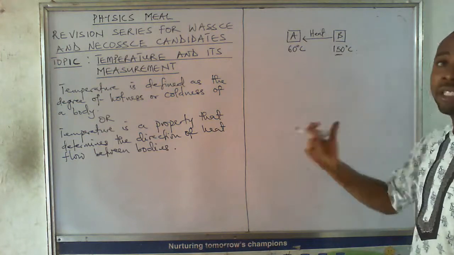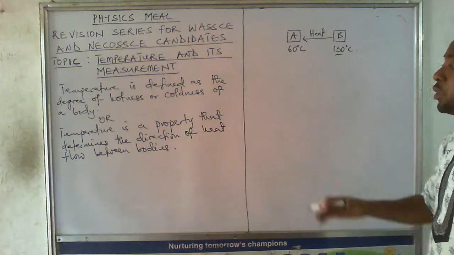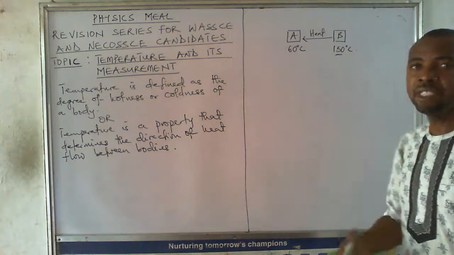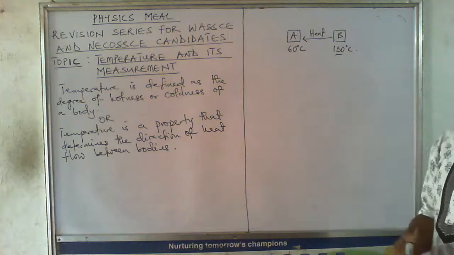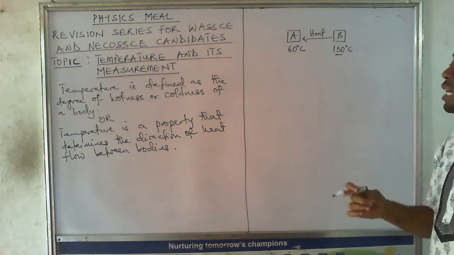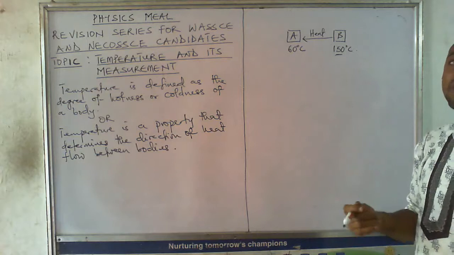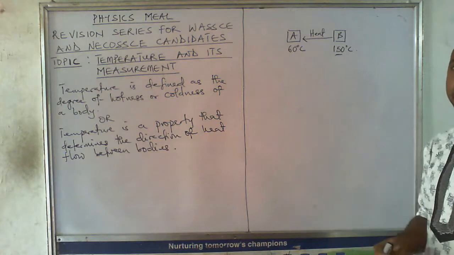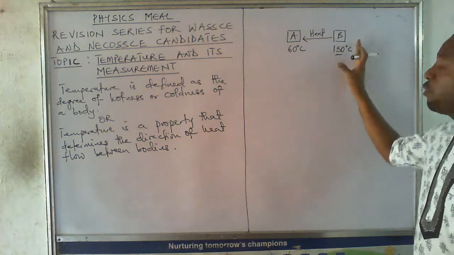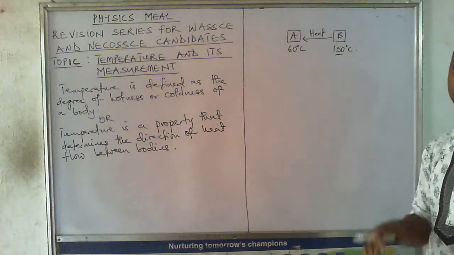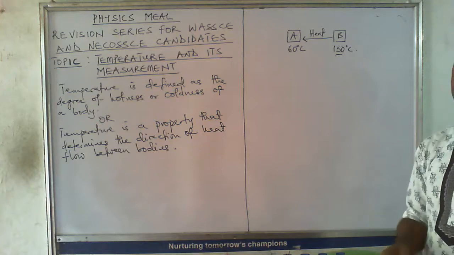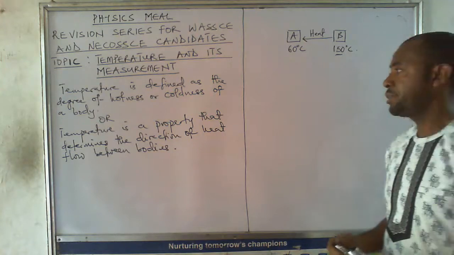Because B has higher what? Temperature. So you now see that temperature is a property that shows the direction of heat flow. It is the temperature that will actually tell us the direction in which heat will flow in any given system. So heat will usually flow from a body with higher temperature to a body with what? Lower temperature. Very important, so take note of that.